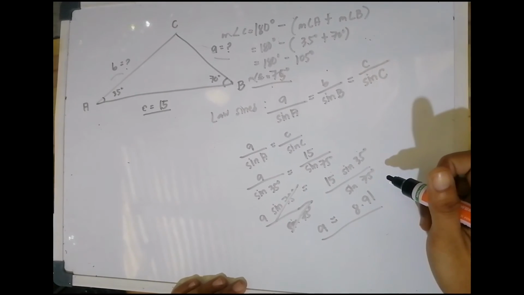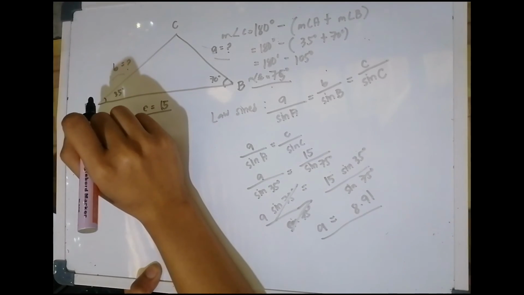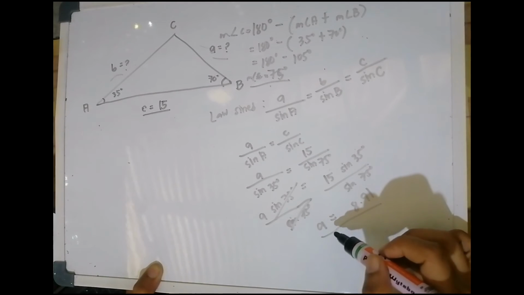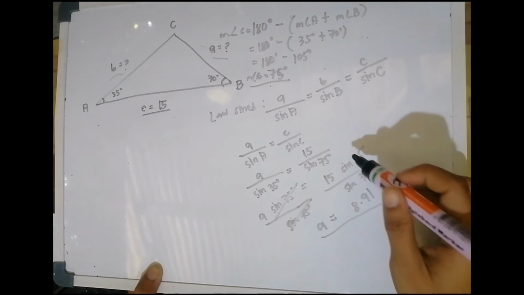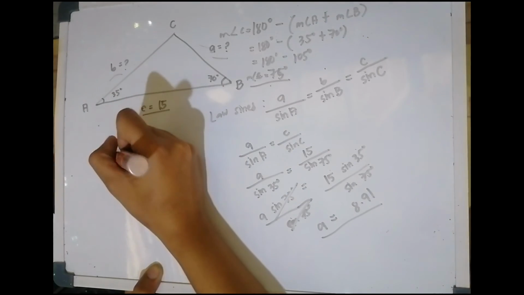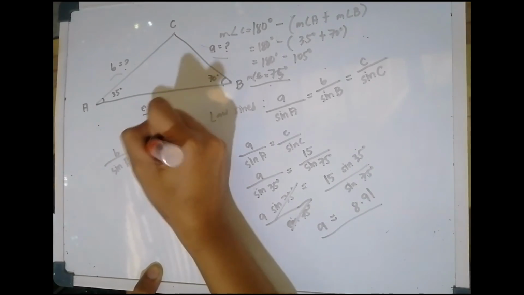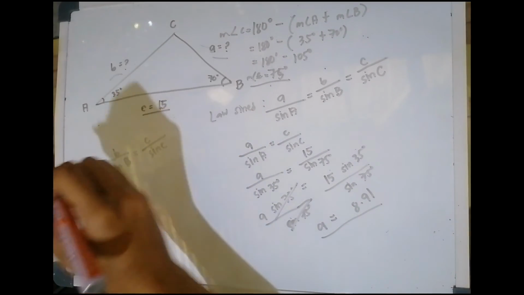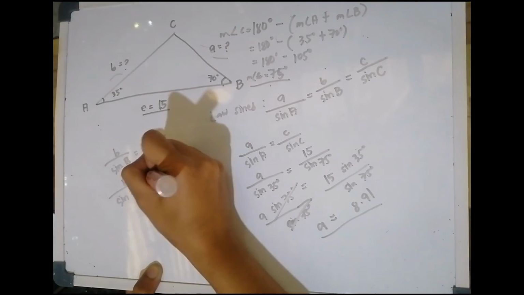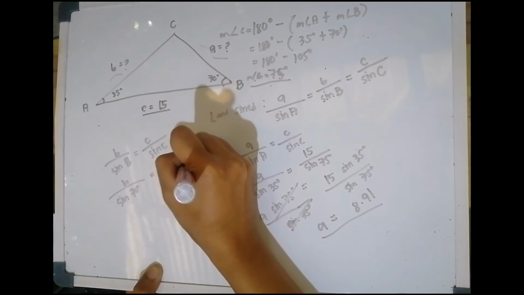Now let us move on to finding the measure of side B. We will use the same process as we did for side A. We have B over sine B equals C over sine C. Substituting the values, we have B over sine 70 degrees equals 15 over sine 75 degrees.